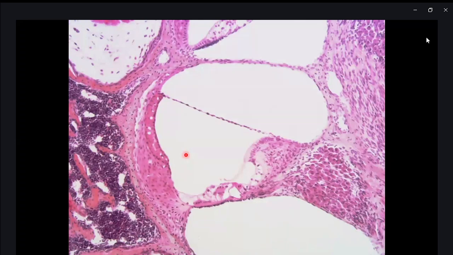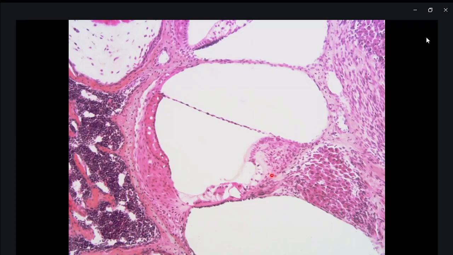So in this section of one of the channels, we have this membrane here, which is the vestibular membrane, also called Reissner's membrane, and this is for ionic exchange. This is the basilar membrane here. So we have these spaces, the scala vestibuli, the scala media, and scala tympani.